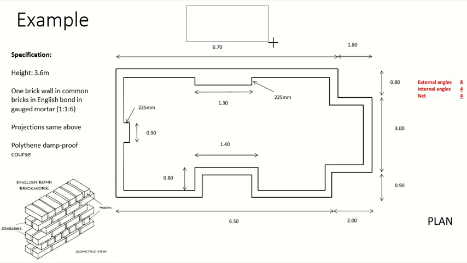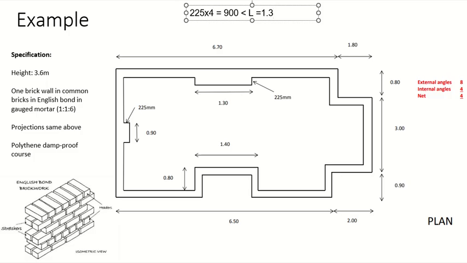The top one, the thickness is 225. Multiply by 4 equals how much? 450 and 450, 900. Okay, what is the length of the projection? 1.3. So 4 times the thickness is less than the length, right? So it is less than the length.